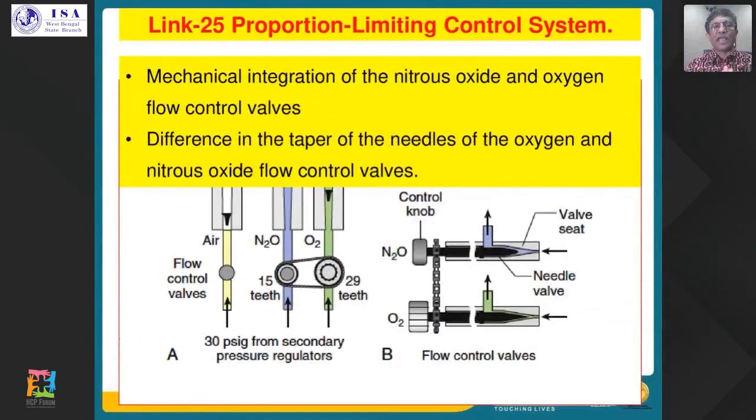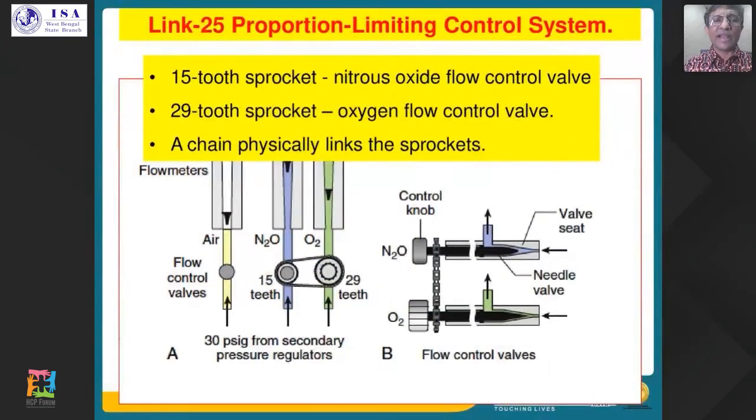If you figure out, this is by the mechanical integration of the nitrous oxide and the oxygen flow control valves, and the difference in taper of the needles of the oxygen and nitrous oxide actually does it. Very simple. The nitrous has 15 tooth sprockets, whereas oxygen has 29 tooth sprockets.